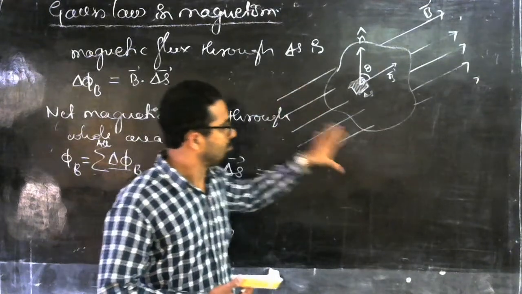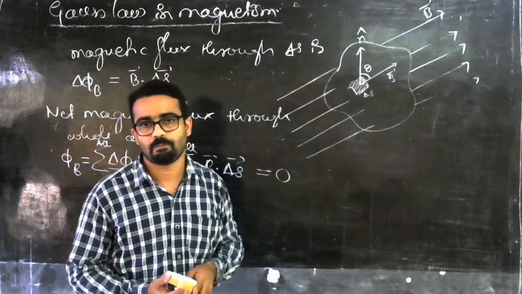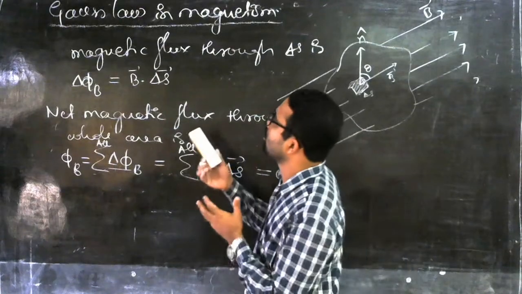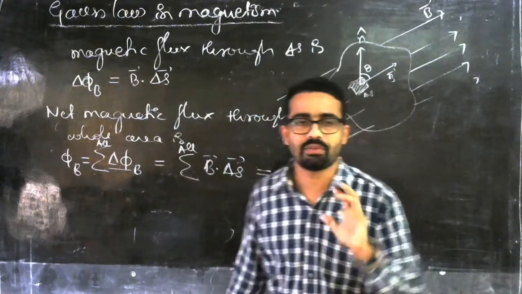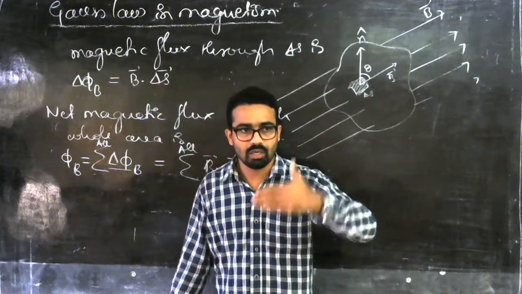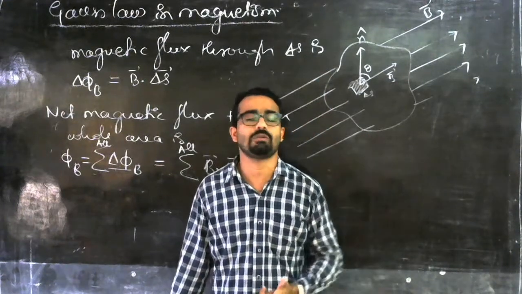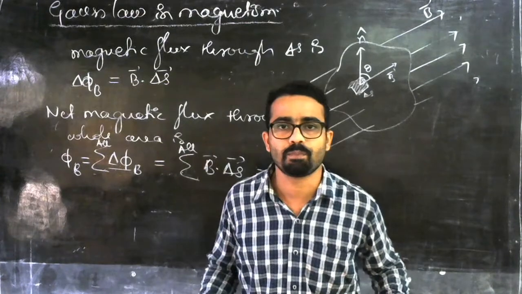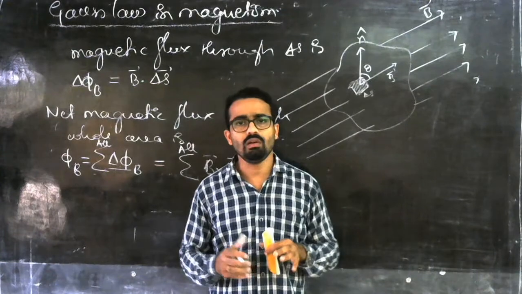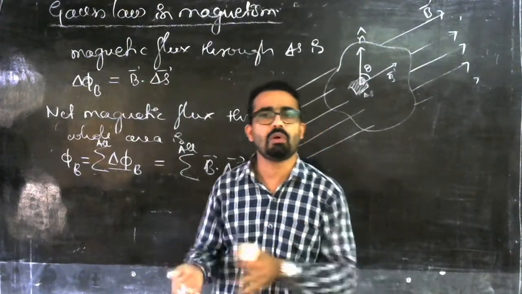This derivation tells that magnetic monopoles do not exist. But let's take the case of Gauss law in electrostatics. What he told is that the number of electric field lines passing through a surface is given by E into delta S. So just imagine that the surface has some charges. It can have a positive or a negative charge.